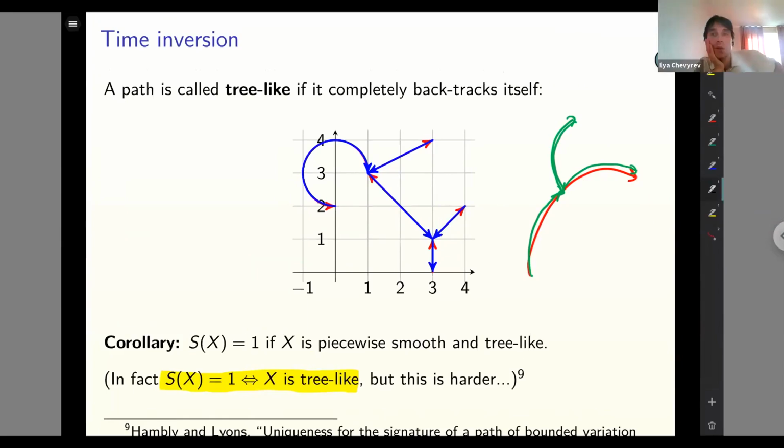Right, that's a good question. There's not really any hard rules, in some sense. Apart from saying that if I know that the first, say, k levels of my signature are all 0, then the question is, okay, how does my path look?